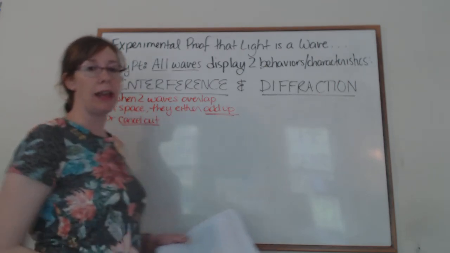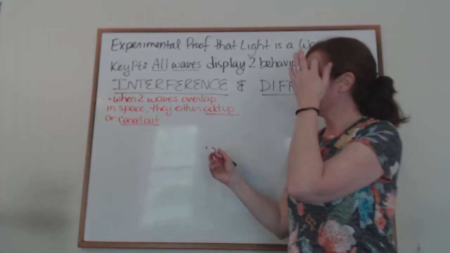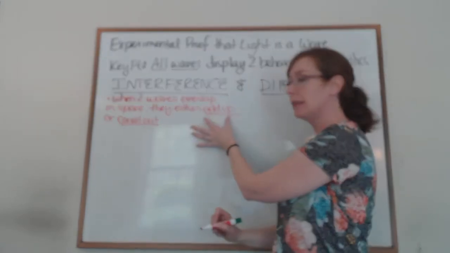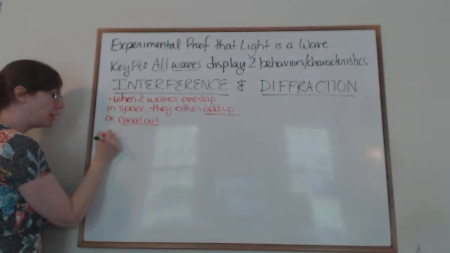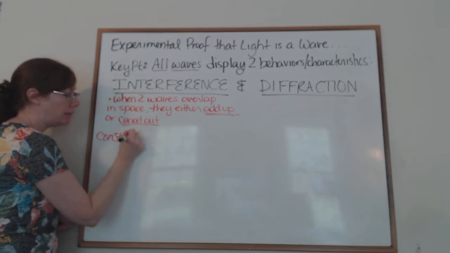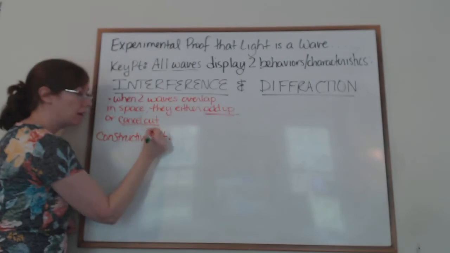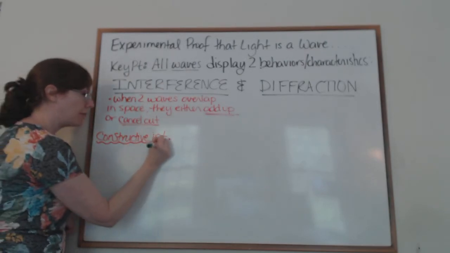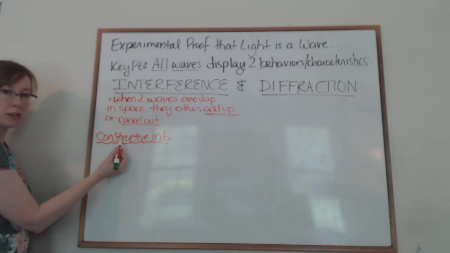Okay, so let's go ahead and describe what that's all about here. So the first type is the adding up type of interference, and this is called constructive interference. Constructive, like you're constructing something. Okay, let me go ahead and draw what's happening with constructive interference, because you're building something.